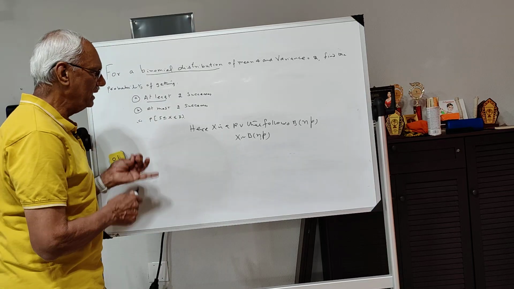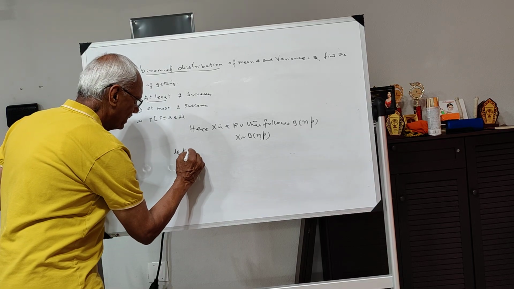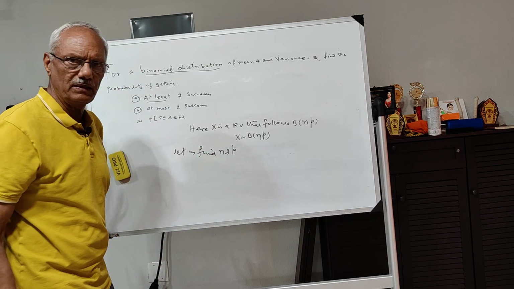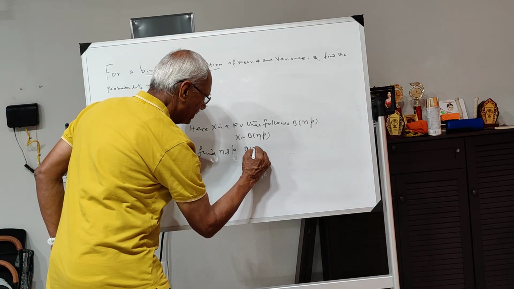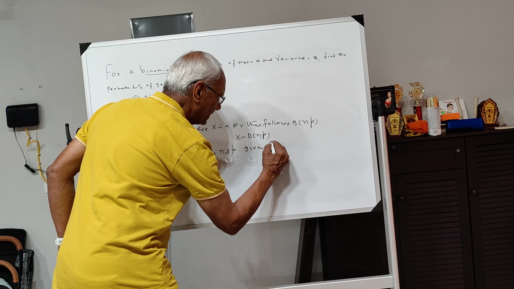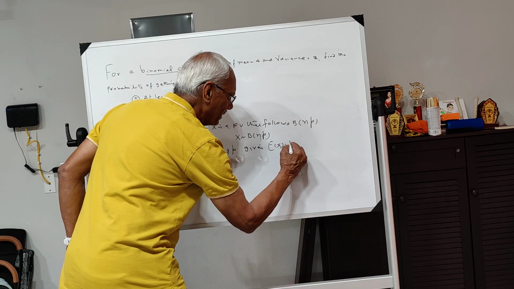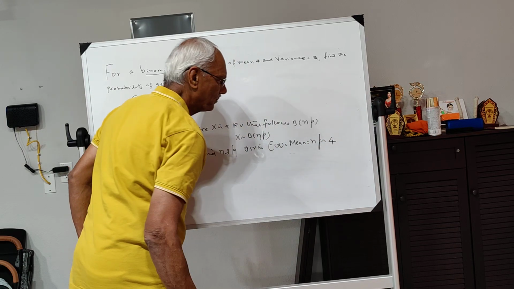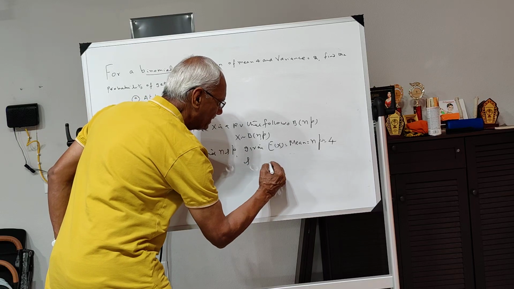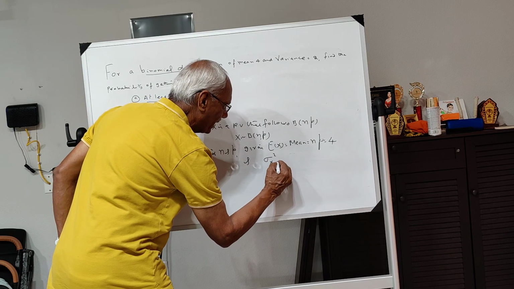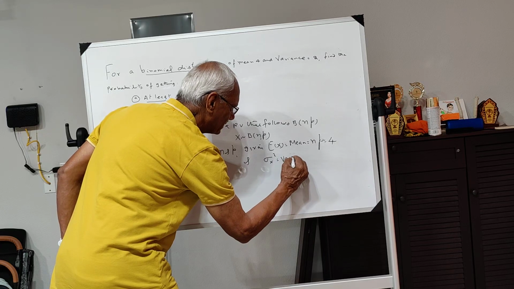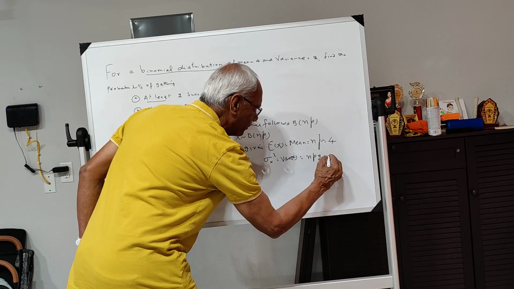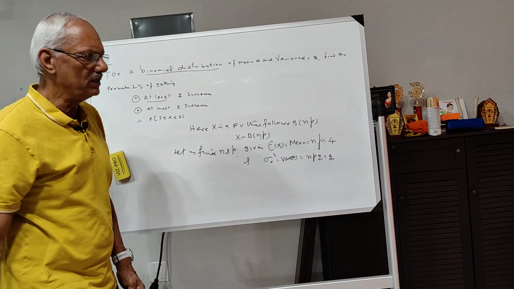Okay. So let us find n and p. Given, E of x, the mean of the random variable x, is equal to np, which is given to be 4, and variance of x, sigma of x squared, is equal to npq, which is given to be 2.